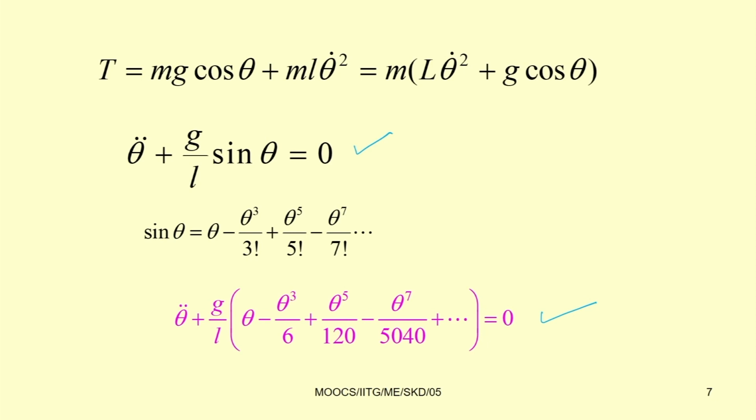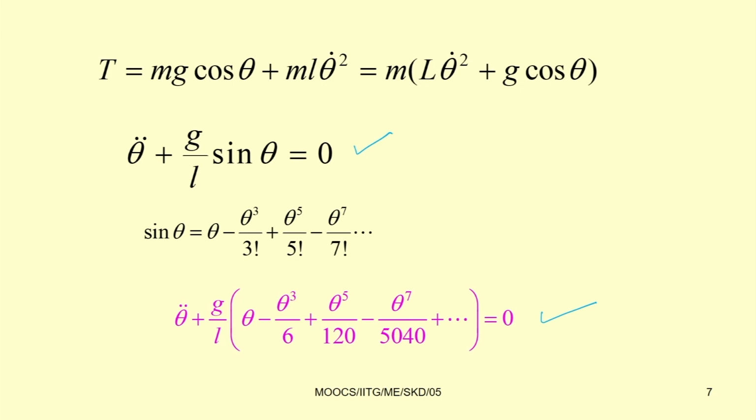You can see the coefficients of theta fifth and theta to the power 7 are very small, 1 by 120 and 1 by 5040. So these two terms can be neglected and one can conveniently keep the equation up to third order. The equation reduces to theta double dot plus g by L into theta minus theta cube by 6.